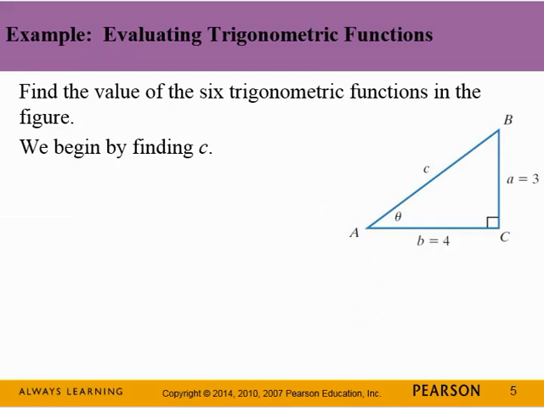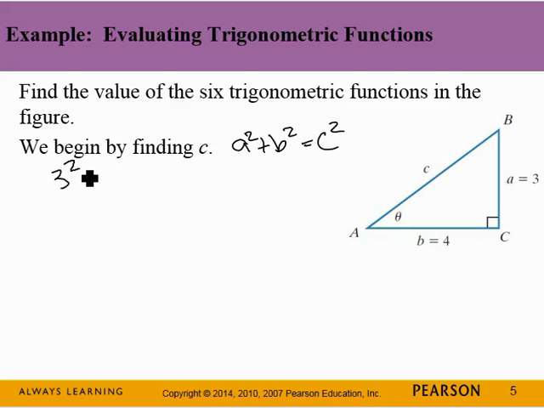So let's look at an example. Find the value of the 6 trig functions in the figure. First thing you want to do is work on finding C. So use your Pythagorean theorem. So you have a squared plus b squared equals c squared.